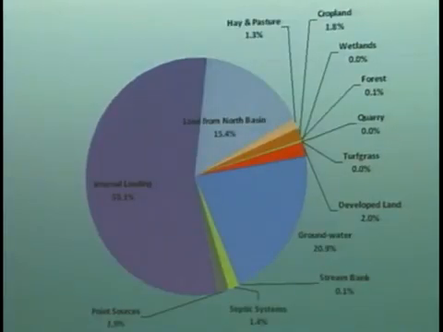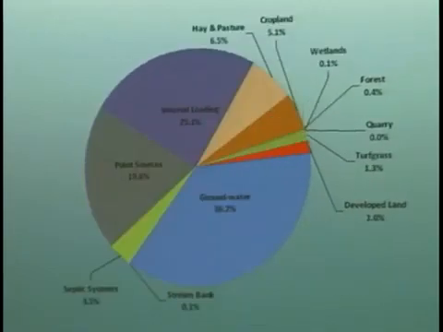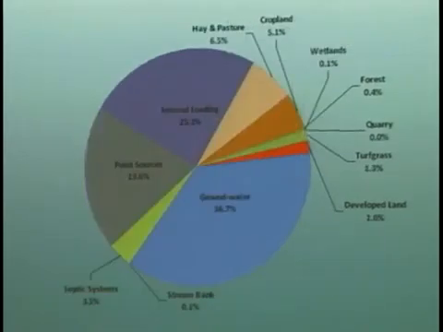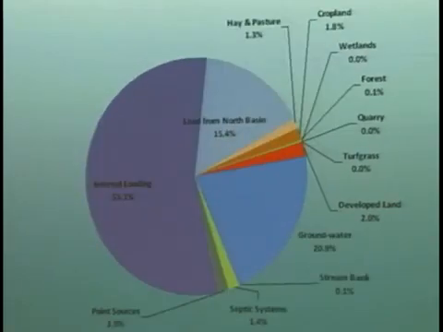The South Basin, and here you can take a look, the drastic difference. Internal loading from the South Basin is more significant. It's receiving the loading from the North Basin just by the dynamics of how water flows downhill. The north flows into the south. So you see where groundwater is not as significant.